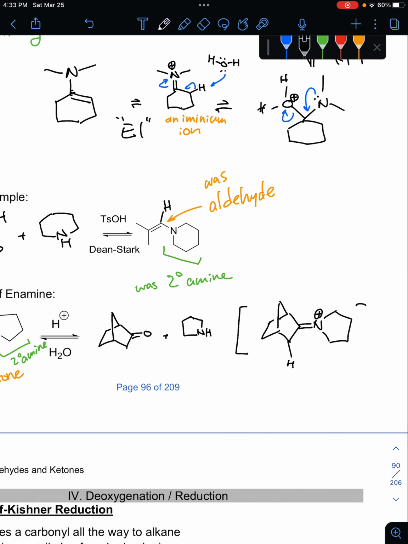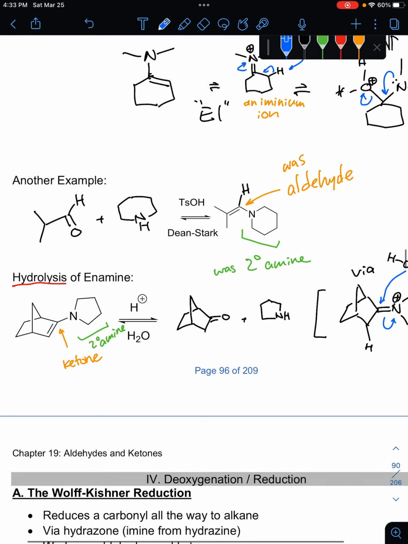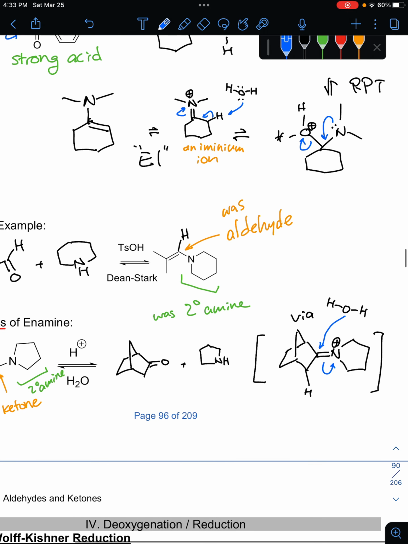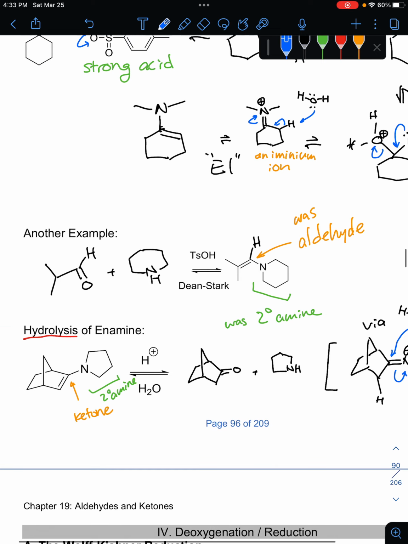After the first step, you would get this intermediate, which is basically a protonated imine, or iminium ion, that water could attack here, like so. That's how the hydrolysis mechanism goes until the ketone is regenerated and the amine is freed. Hopefully you can figure that out.